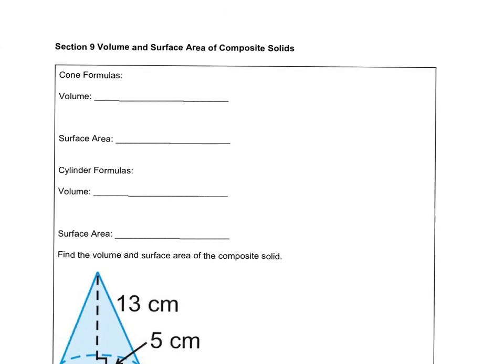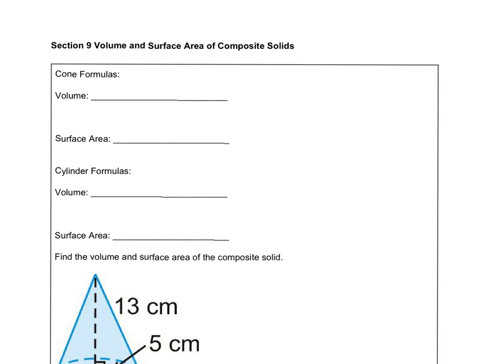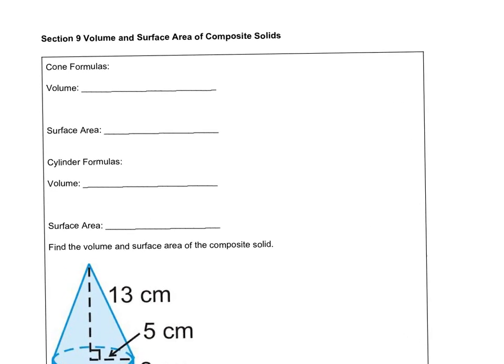So the last section talked about volume and surface area of composite solids. So it's taking two solids and combining them to find their volume and surface area. So in our figure, we have a cylinder and a cone.